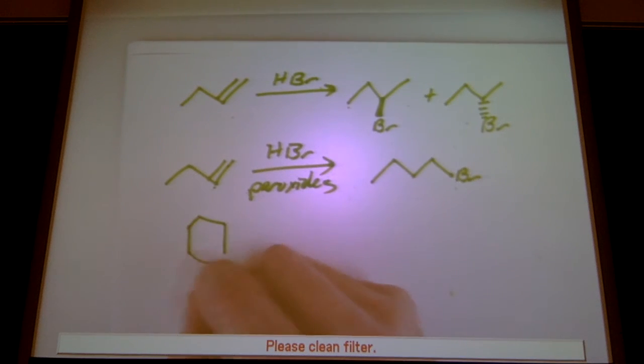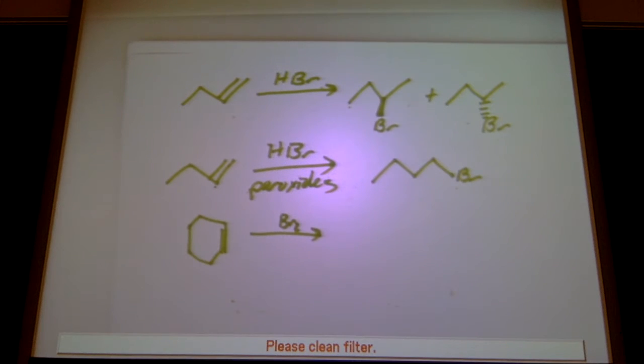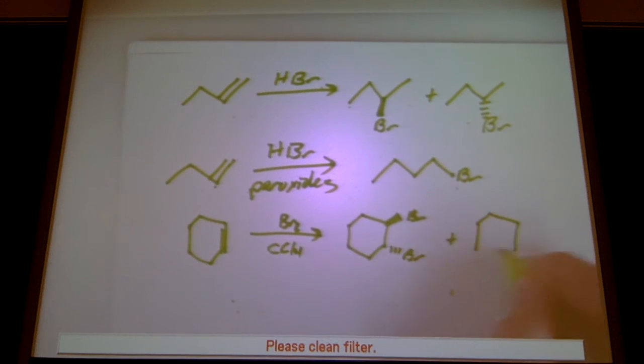And then we also looked at a method that added 2 bromines. The most common solvent for this was carbon tetrachloride. Now, when you do have chiral centers, you do get the racemic mixture.